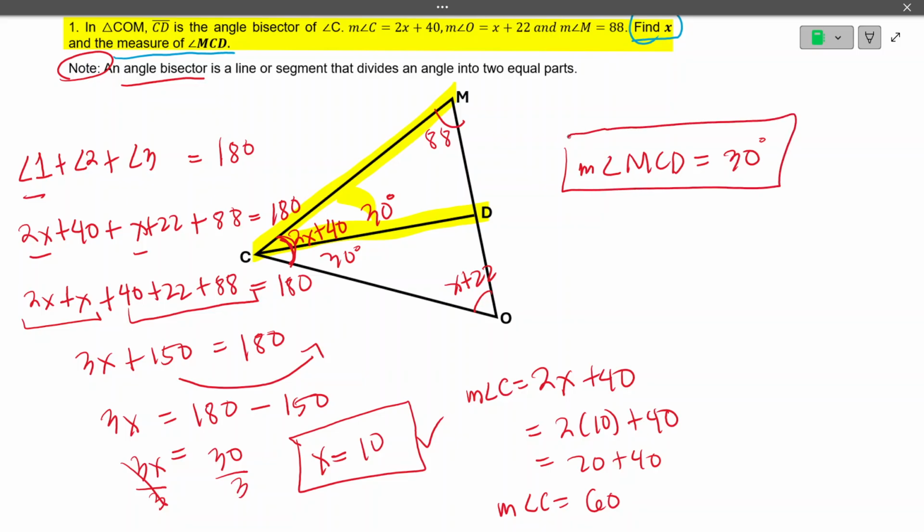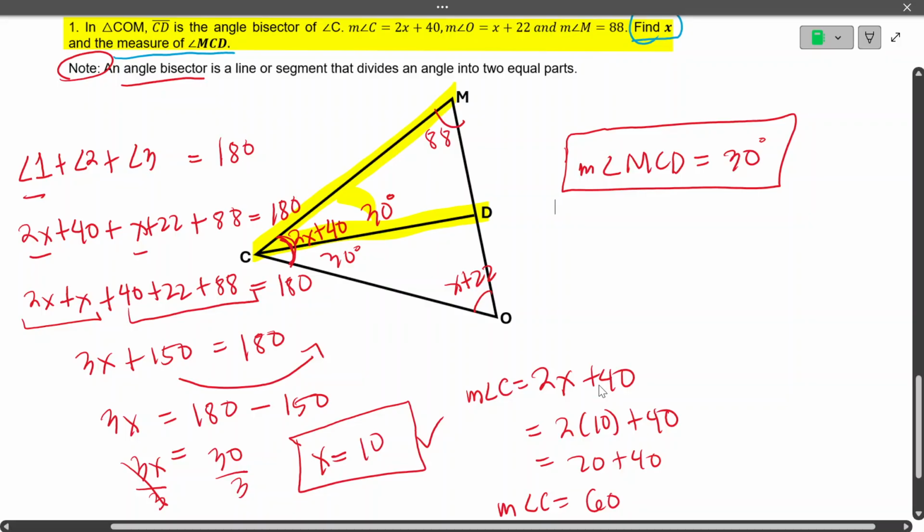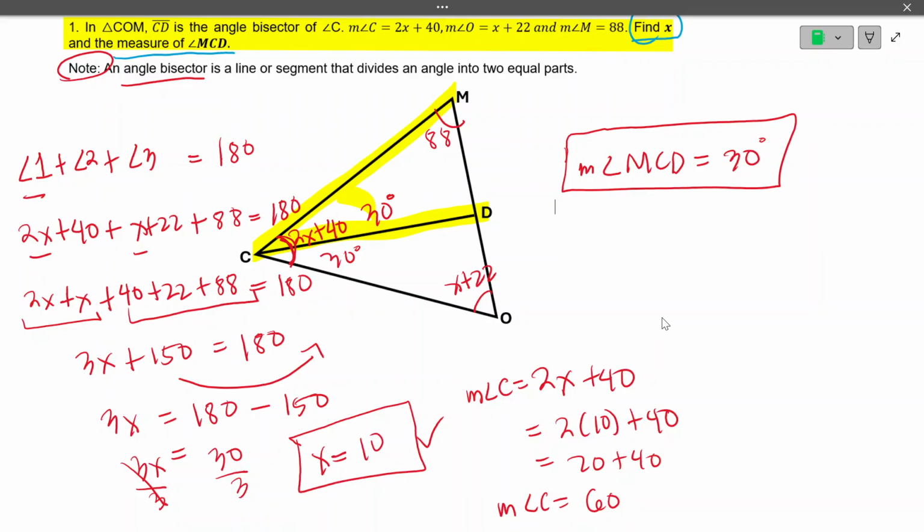Box it so the teacher can see. That's it. I hope this answers all your frustrations, and practice more with the practice exercises in the book. That's it.